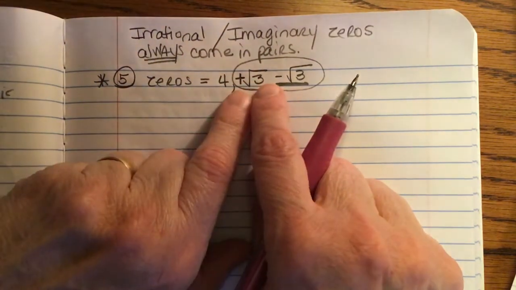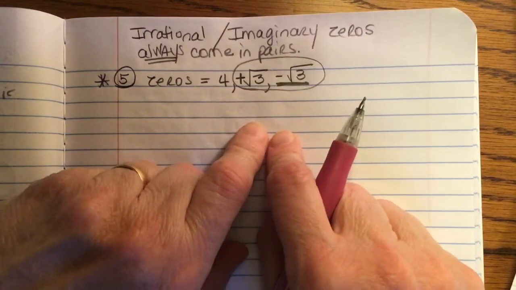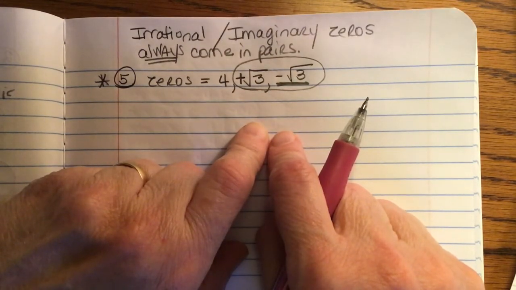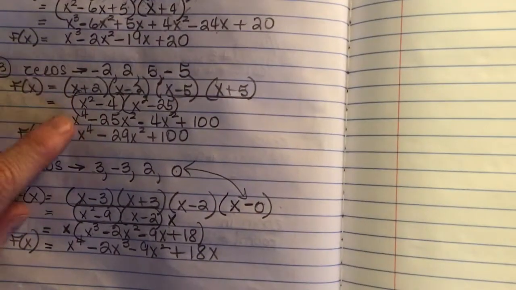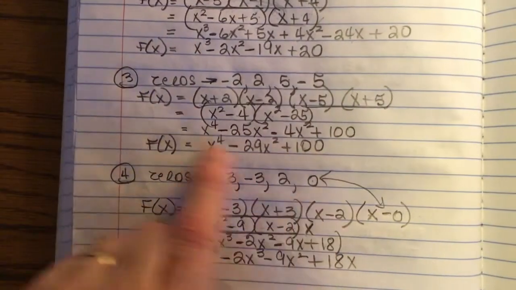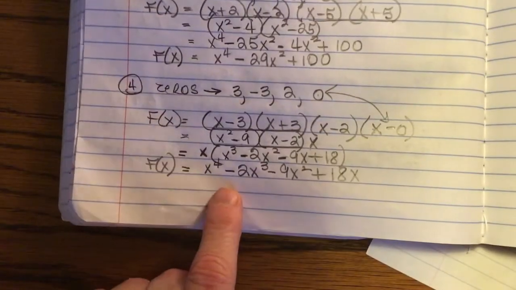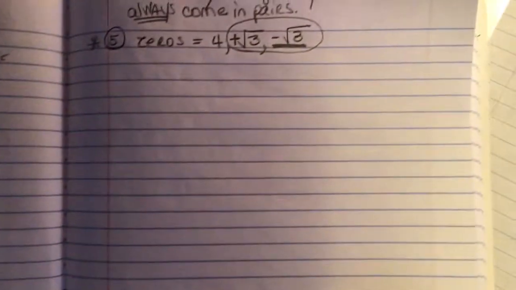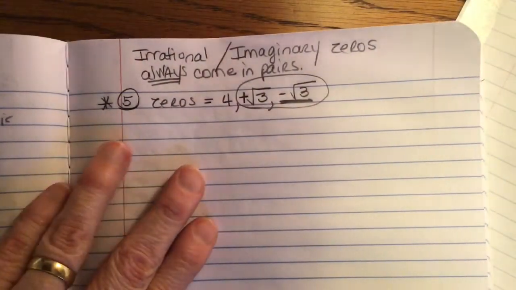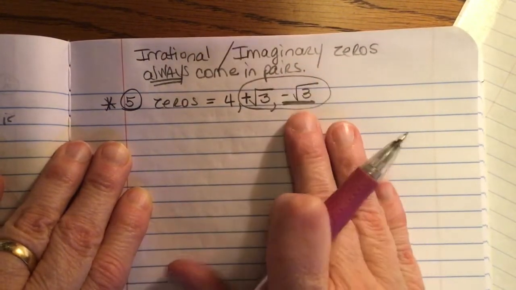If you only use this one as your solution, you're going to have square root of 3 in your polynomial function, and we don't. We know that every time we write our functions, we have integers, coefficients of 1, negative 29, 100, 1, negative 2, negative 9, 18. We don't have square roots, and we don't have i's in those. So whether they put it there or not, you've got to know that it's there.